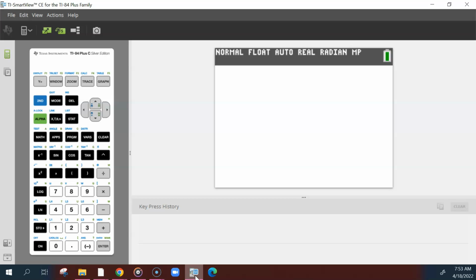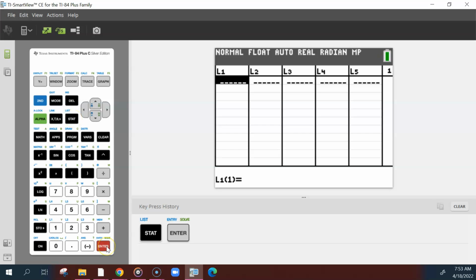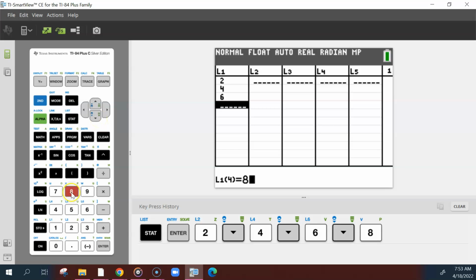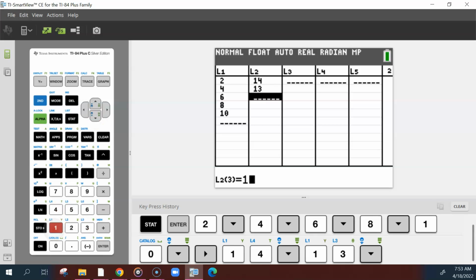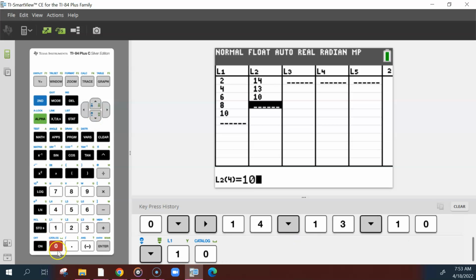But if you want to follow along, you have to grab your calculator and go into stat and put these in L1, L2, that would be your x and y, so 2, 4, 6, 8, 10, and 14, 13, and 7.